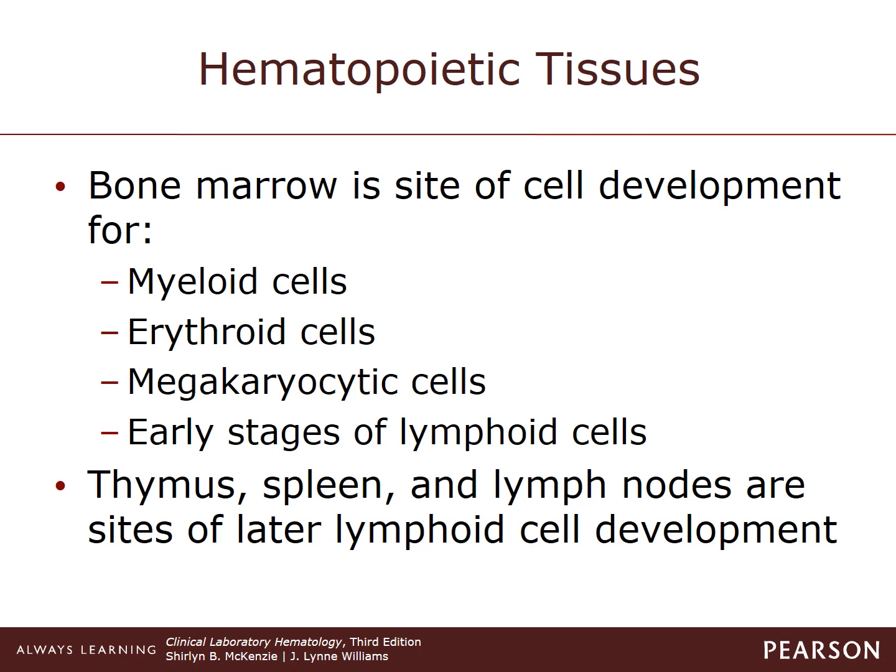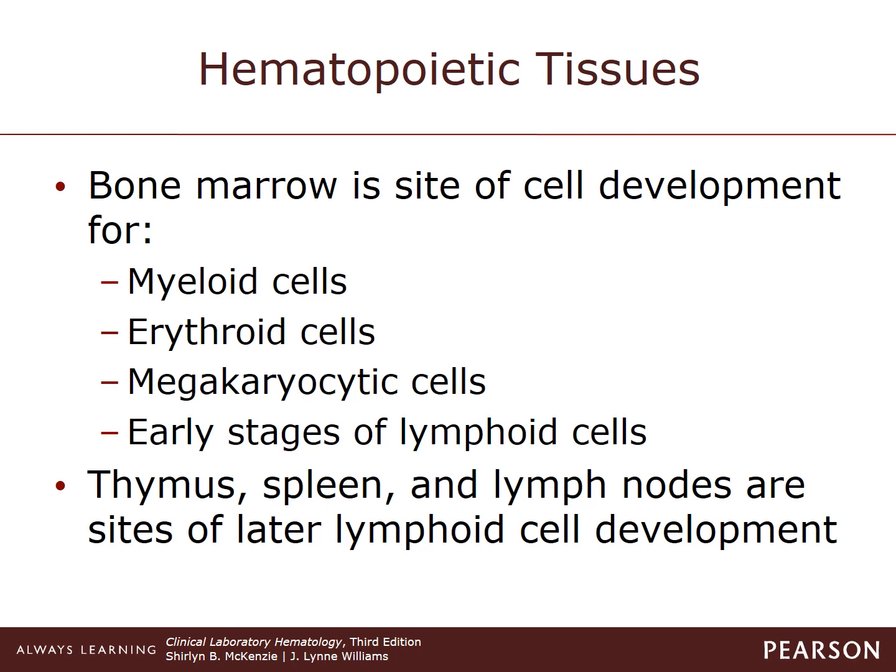Bone marrow is one of the largest organs in the body, and its tissue location is within the cavities of the cortical bones. Normal bone marrow contains two major components: the red marrow, which is hematologically active marrow consisting of the developing blood cells and their progenitors, such as myeloid cells, erythroid cells, megakaryocytic cells, and very early stages of the lymphoid cells.